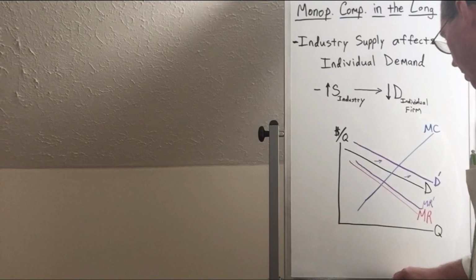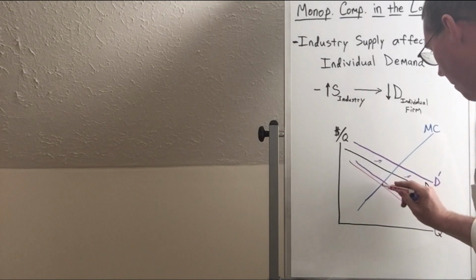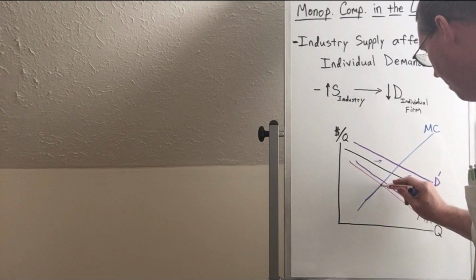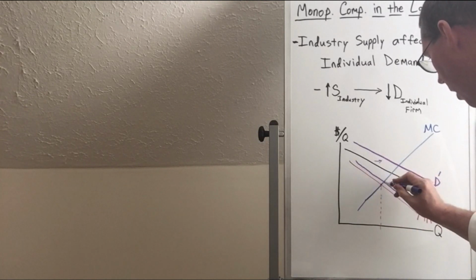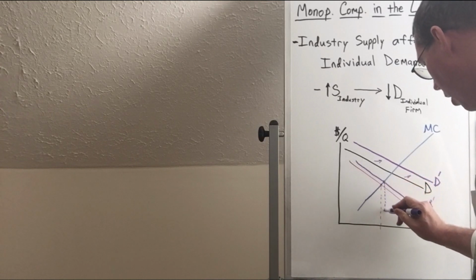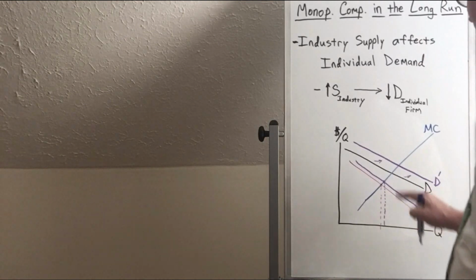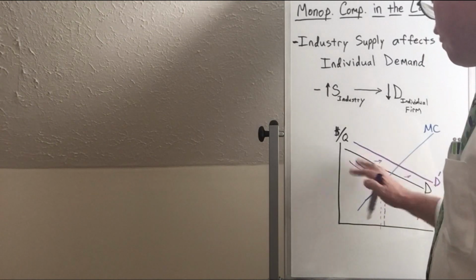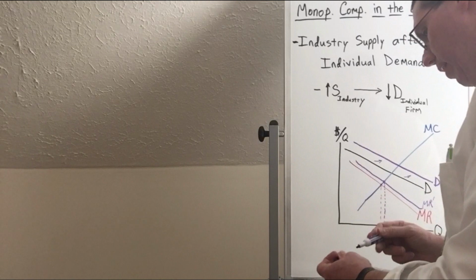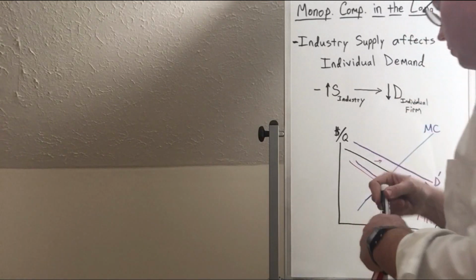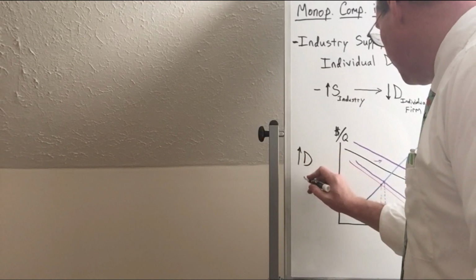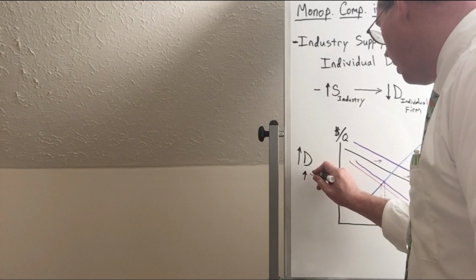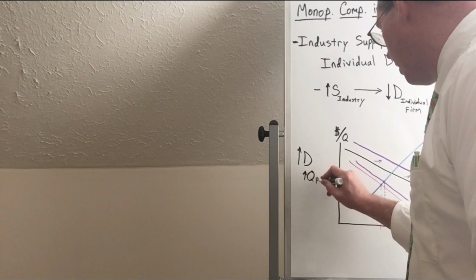Now, watch this. The previous profit maximizing quantity was here, but our new profit maximizing quantity is now where the new marginal revenue intersects marginal cost. So an increase in demand for an individual monopolistic competitor is going to lead to an increase in the profit maximizing quantity.